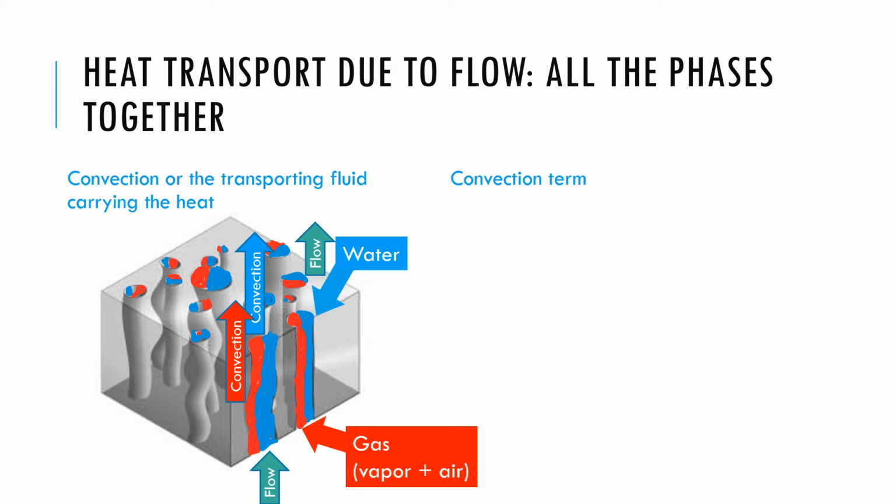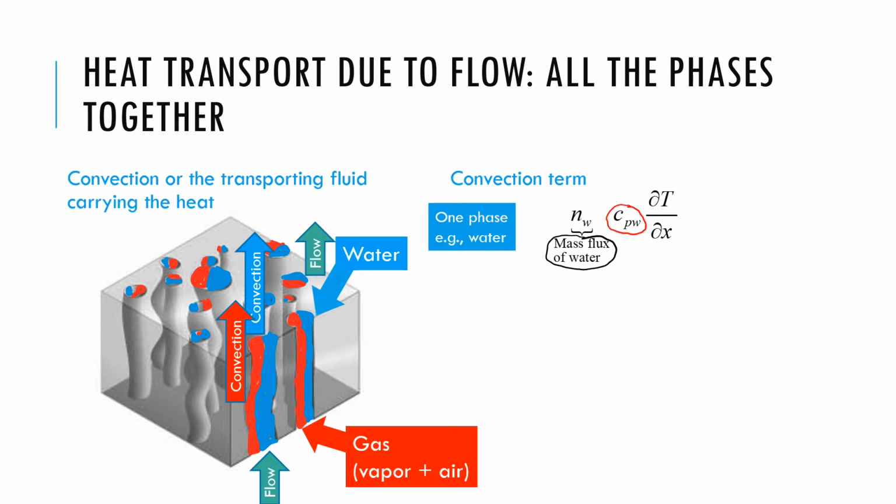The convection term, when we wrote it for single phase, one phase, remember it was mass flux of water times the rest of the terms, the specific heat and the temperature gradient. This is for one phase, water phase. Now we want to include all of the phases, water, vapor, and air.